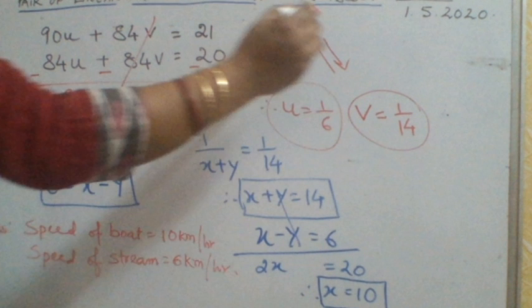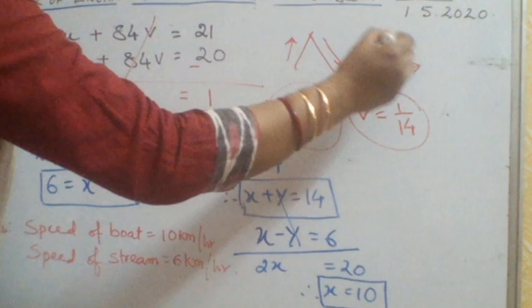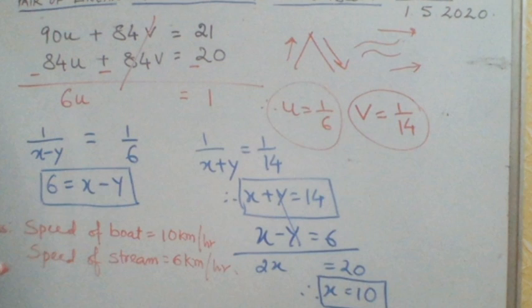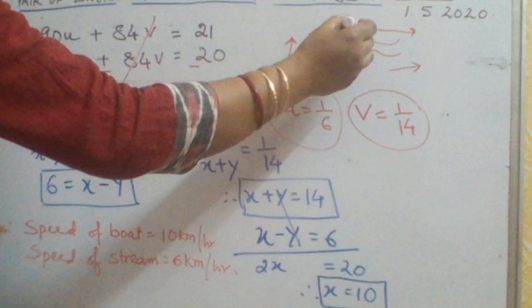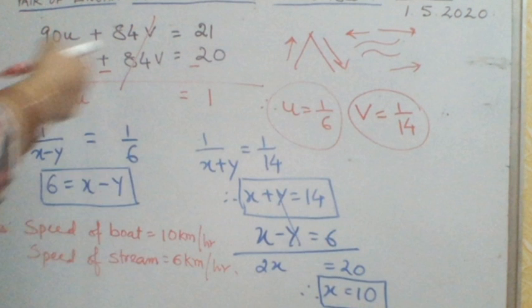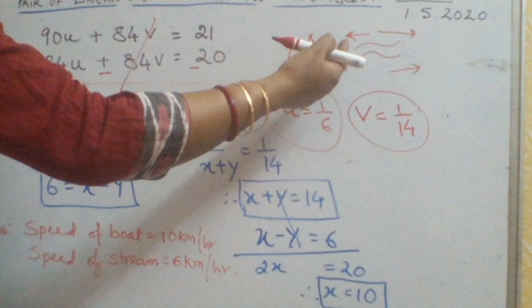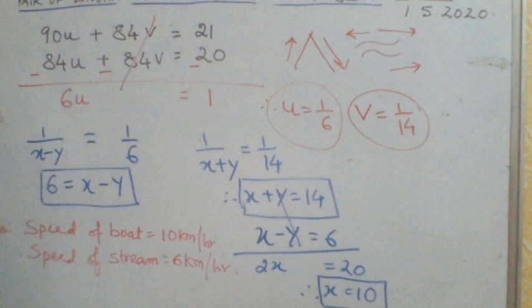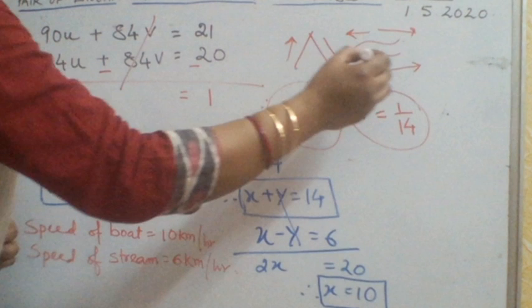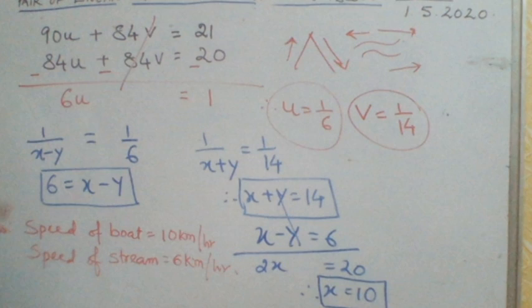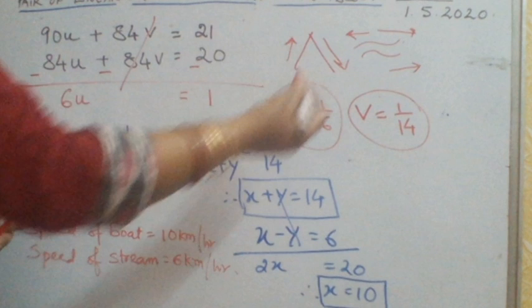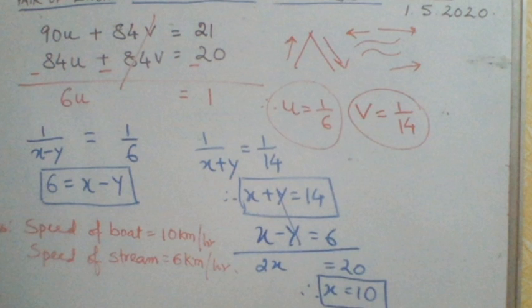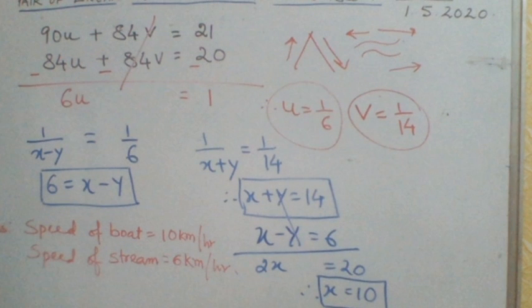The water is flowing, and if you are rowing in the same direction, this is downstream. And if you are trying to take your boat opposite to the direction of the stream, that is upstream. So downstream is the same direction, upstream is opposite, ulta. U stands for opposite direction. So the difference of the speeds is taken.